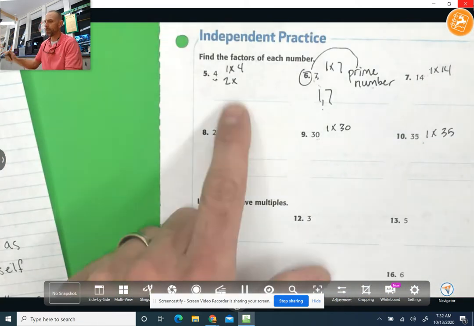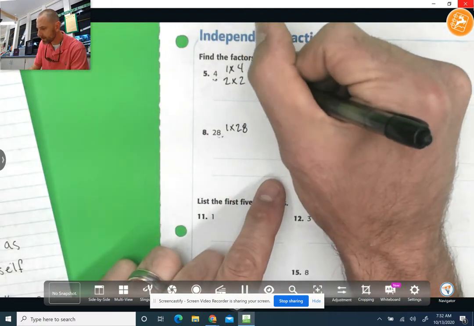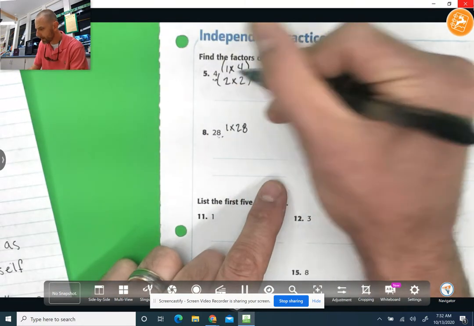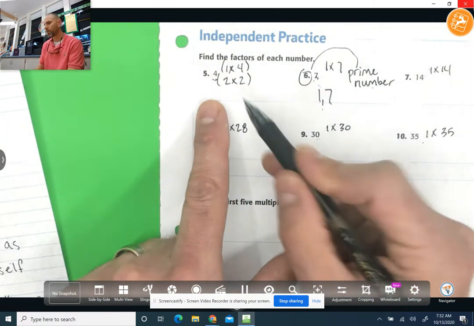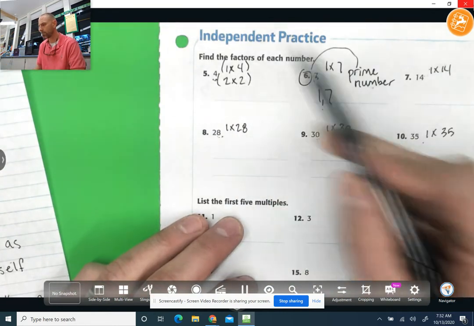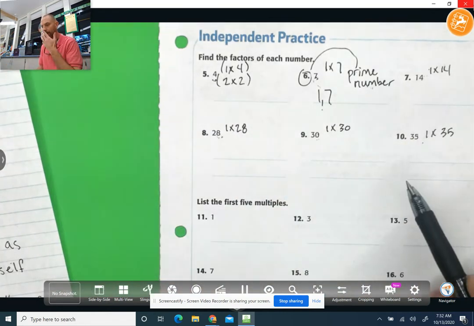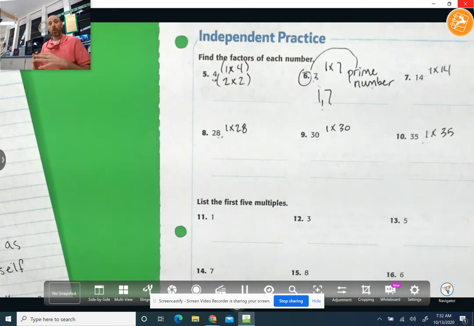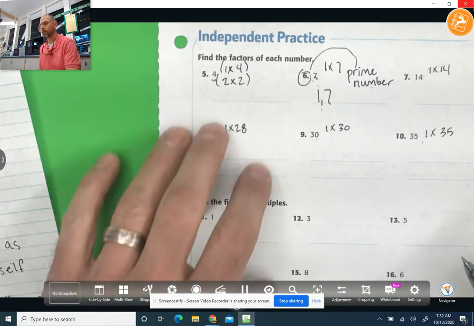And we found that 2 times 2 is a factor pair of 4. I put in parentheses just to group the numbers together. Otherwise, it could get a little messy once you start listing all these factor pairs. Those are the only factor pairs of 4. Okay, the smaller the number, the fewer factors it's going to have a lot of times.